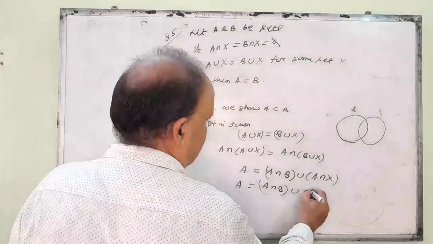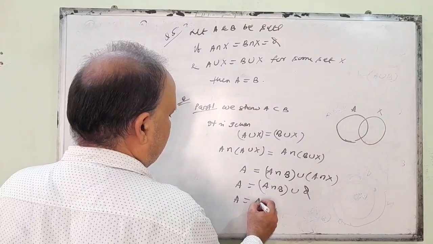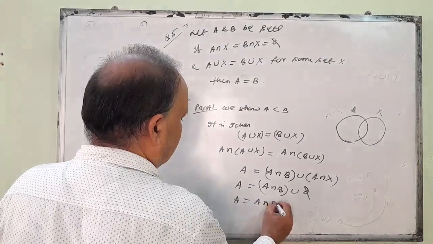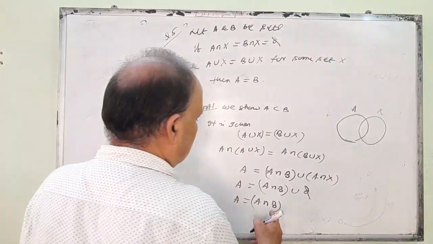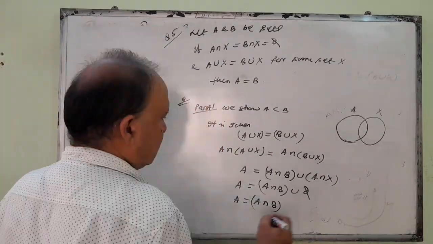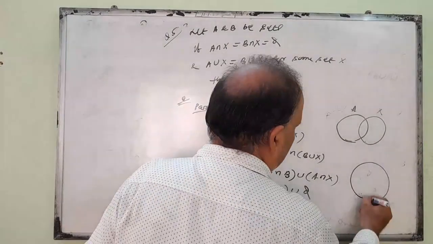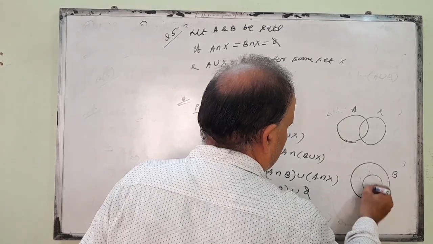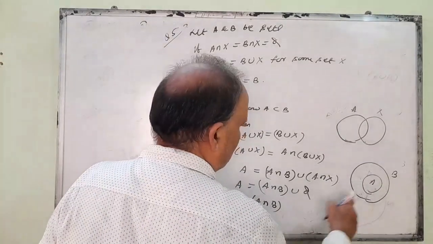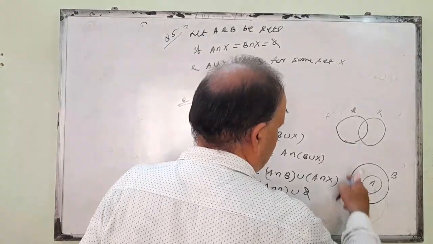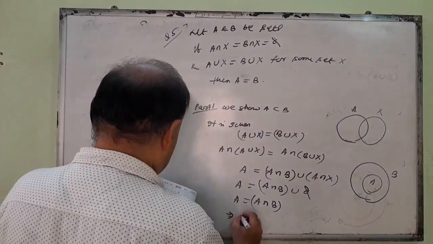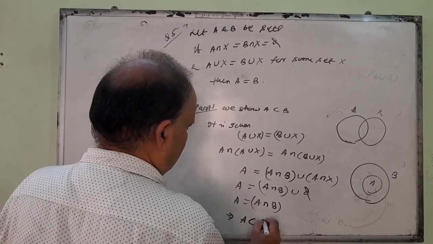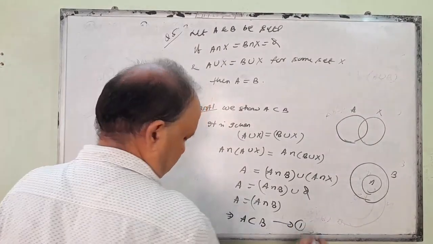From the hypothesis, A intersection X is phi. So A is equal to A intersection B. Since A is equal to A intersection B, this implies that A is a subset of B. This is the first part.